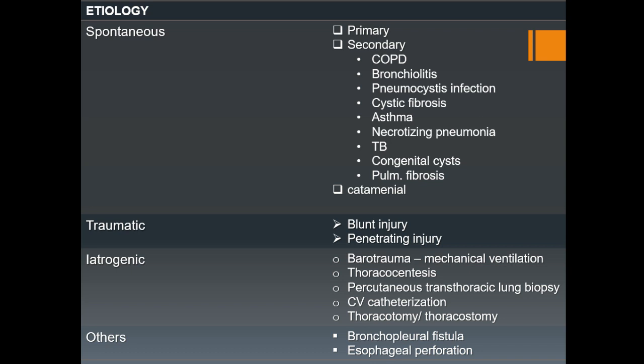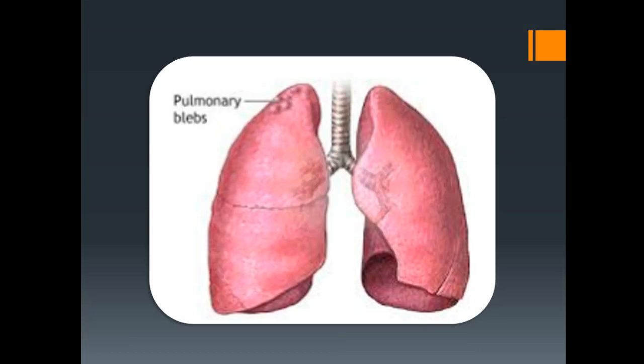Or due to esophageal perforation, either from a swallowed foreign body or during gastroscopy, leading to mediastinal pneumothorax. This is what you see in the diagram.